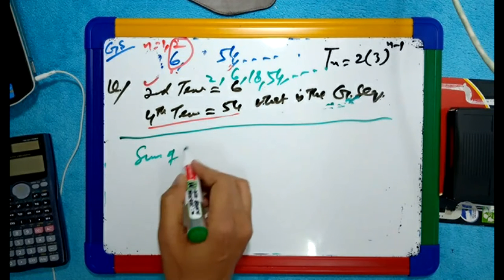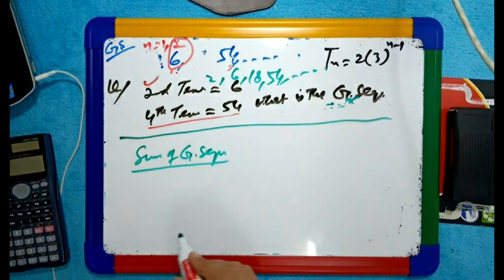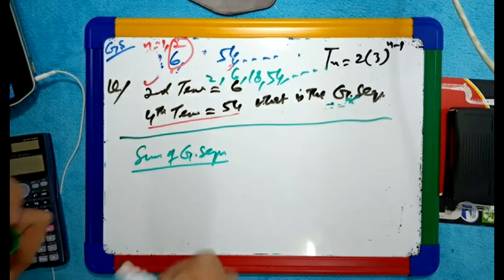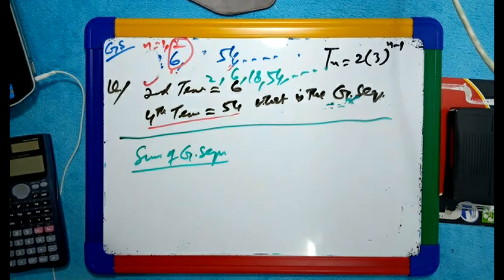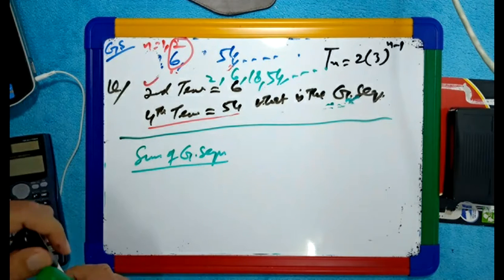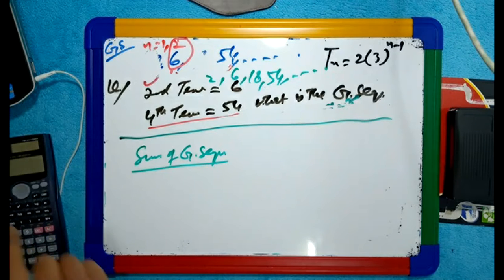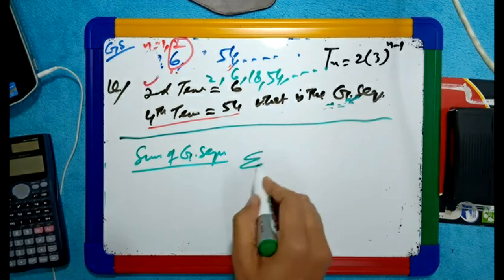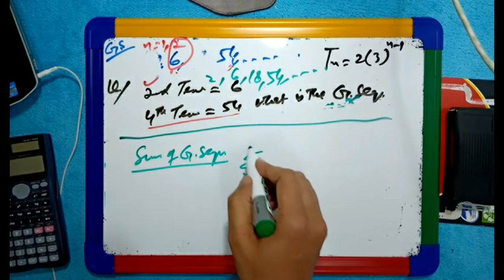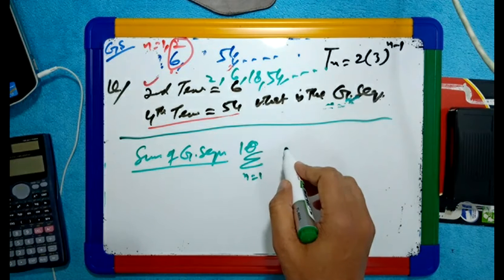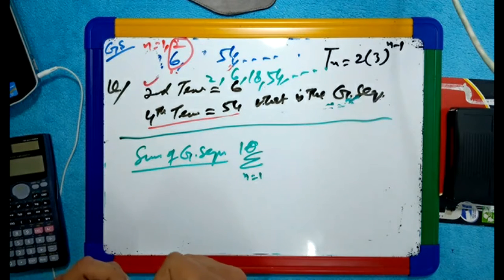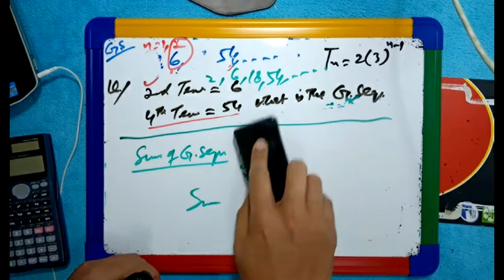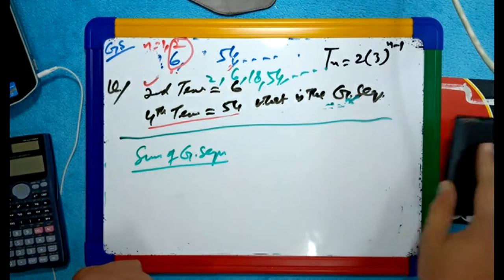So in these cases, 4 formulas you have to remember: one for the nth term and one for the sum. For arithmetic, the nth term is a plus n minus 1 d, and the sum is n by 2 times 2a plus n minus 1 d. Here the nth term is a r raised to power n minus 1, and the sum formula of a geometric sequence is, the general formula, a times r raised to power n minus 1, divided by r minus 1.